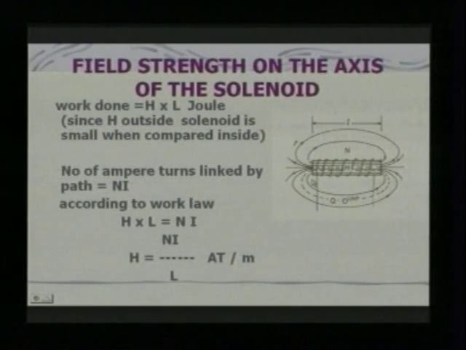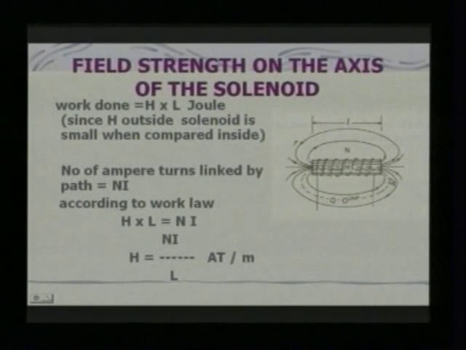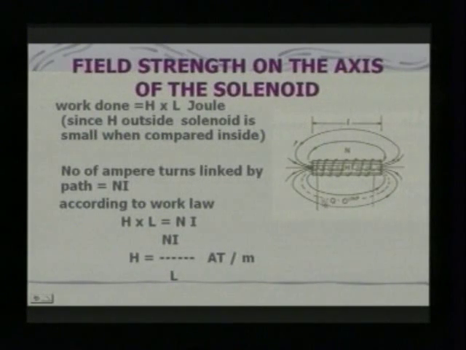Here the flux enclosed by the air path is almost 0. Therefore, we do not consider this path, and because the field strength or magnetic field is stronger in the iron path when compared to the air path, we will consider the length in the closed path to be equal to L.